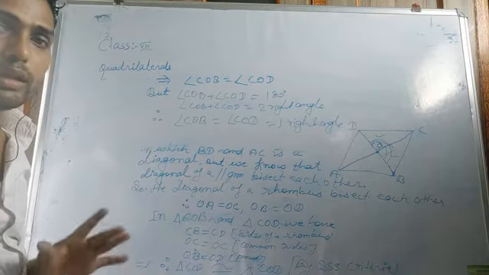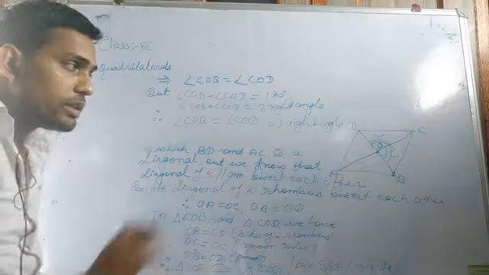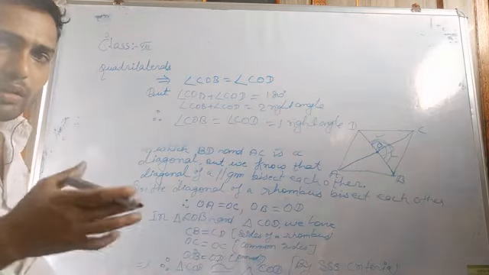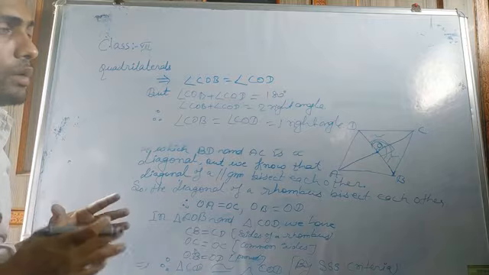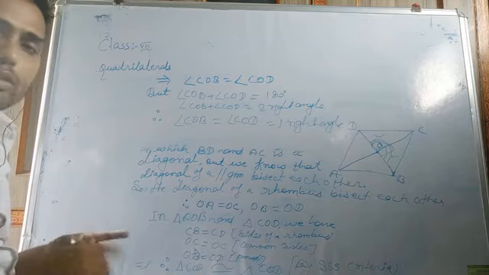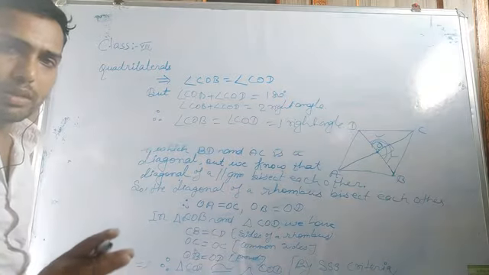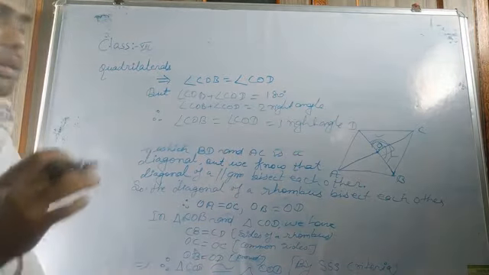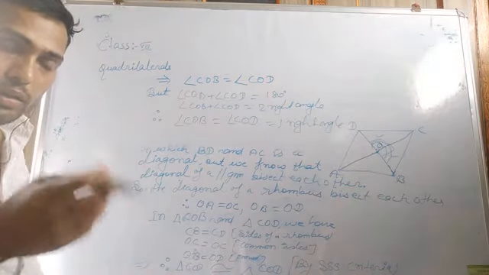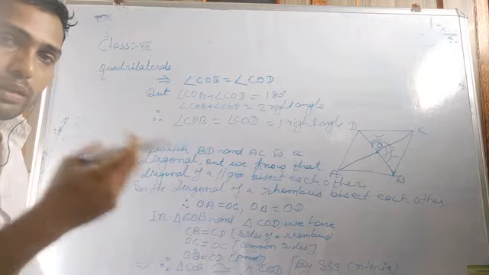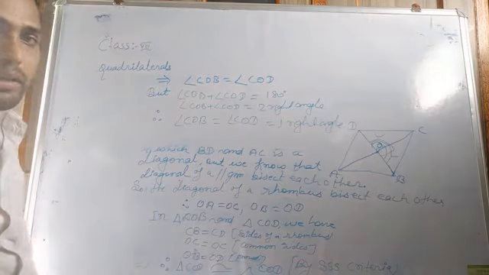It means that they bisect each other at right angles. In a parallelogram, diagonals bisect each other, but in a rhombus, when two diagonals meet at the point, they are making 90 degrees. Only in a rhombus, not in a parallelogram or a rectangle. Okay, they are making 90 degrees.